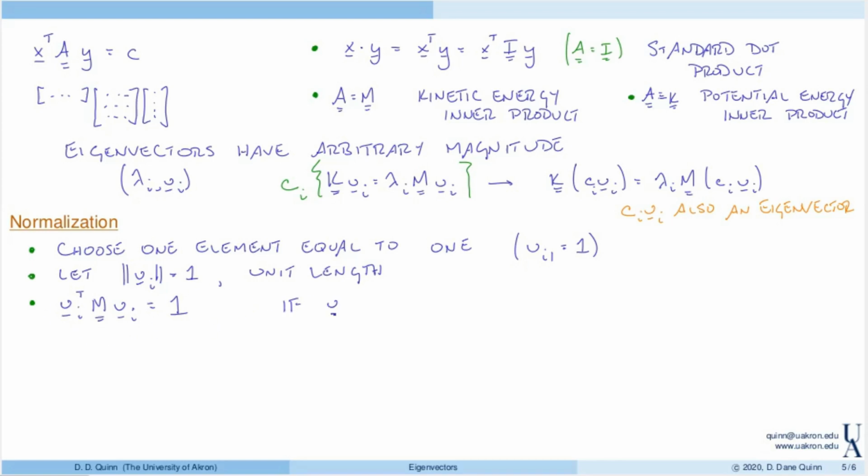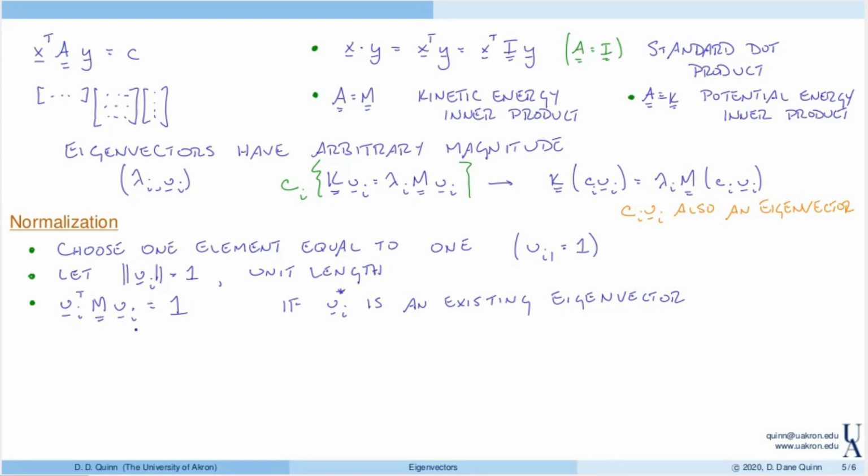Well, if u_i is an existing eigenvector, actually I'll put a little star up here just to denote the fact that this is a specific one that we have found.